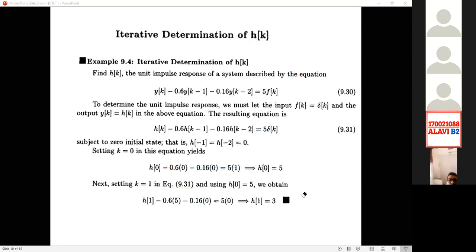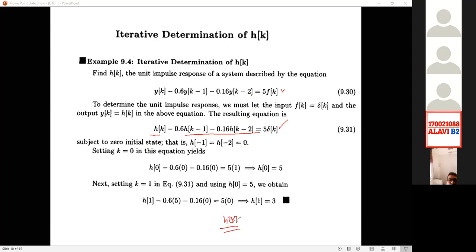Now, can you see this? Say this is your input-output equation. If we want to find the impulse response, how can you do that? You replace f[k] by delta[k], then your output y[k] will be h[k]. Our objective is to solve for h[k], isn't it?